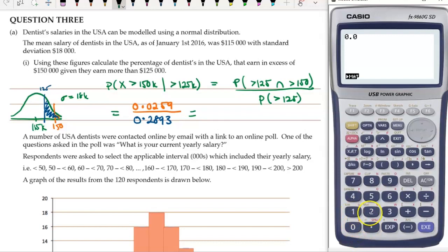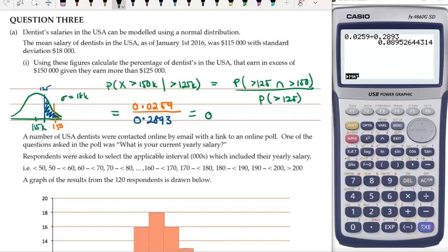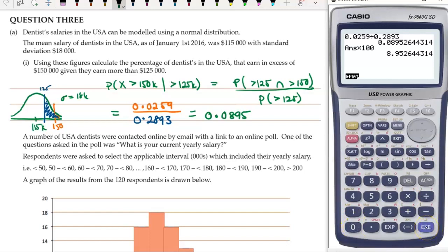So 0.0259 divided by 0.2893 is equal to 0.0895. And the question asks for that as a percentage. So that is 8.95%.